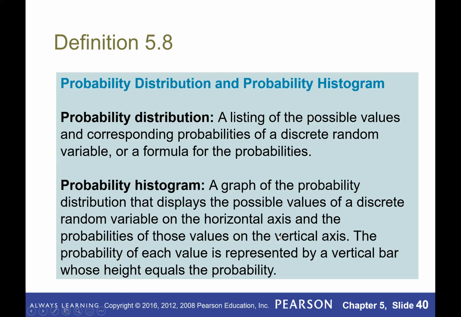Okay. So now we'll discuss probability distribution and probability histogram. So what is a probability distribution? What types of distributions do we know until now? What are the distributions we learned before in chapter 2? Do you remember any distribution we learned in chapter 2?